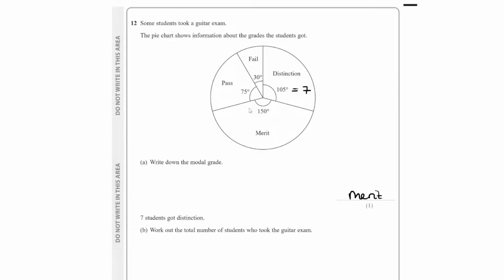So if we know, this is why they've given us the angles. When you've got a pie chart, you tend to have to work with the angles. We know that 105 degrees of our pie chart represents 7 students, doesn't it? And then the whole pie chart is 360 degrees, because this is around a point, it's a circle.